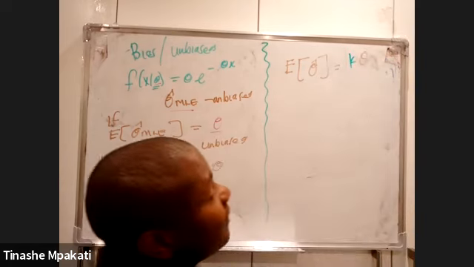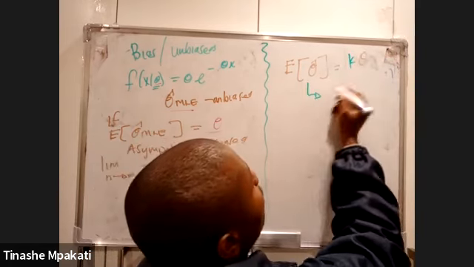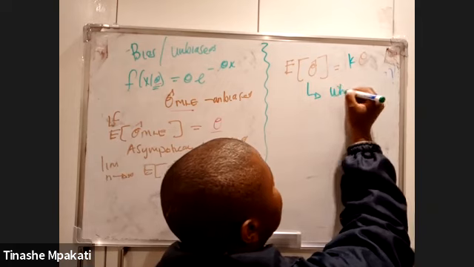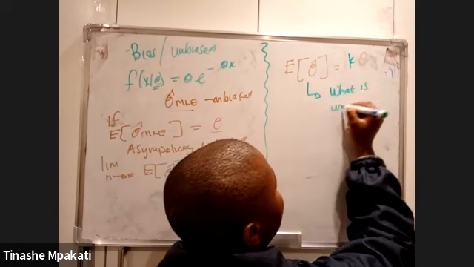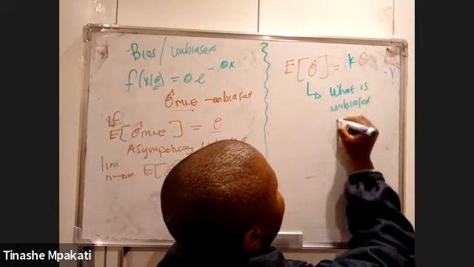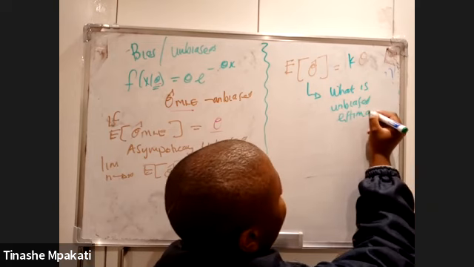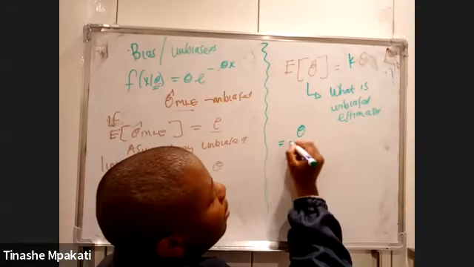But it happens that in this case, instead of giving us theta, this expectation is giving us k theta. Then a follow-up question straight from there could ask you, what is the unbiased estimator? All you have to do is find a function such that when you take its expectation, it will give you theta. And straight up, the estimator will simply be equal to theta over k.